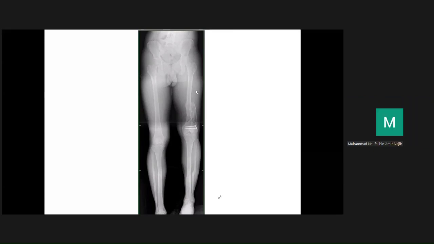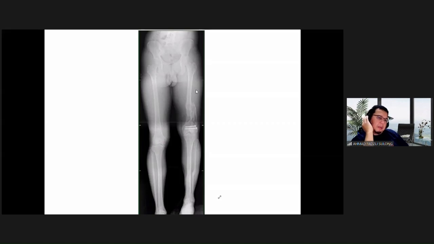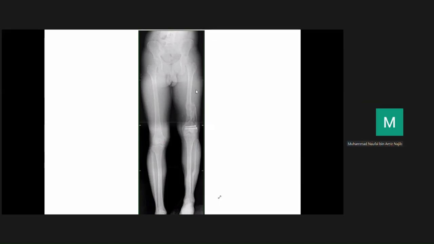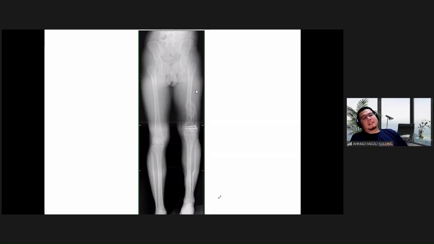This is an AP view, X-ray AP view of lower limb. Okay, it's AP view. What type of AP view, do you know? Tak tahu. Lower limb. Apa special? Biasa kita ambil macam panjang macam ni ke untuk X-ray? Tak.